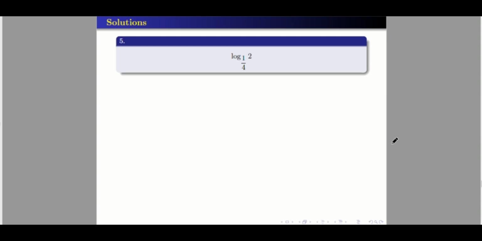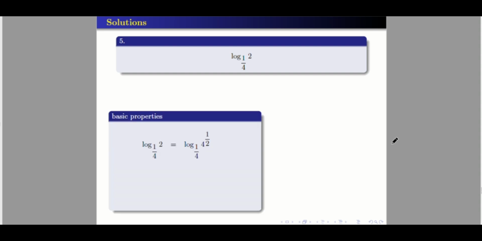And last example, number 5. The base is 1/4. Take note that 2 is the square root of 4. But here we cannot apply the second property because 1/4 is different from 4. So in order for us to apply that one, we need to take the reciprocal of 4, which is 1/4.